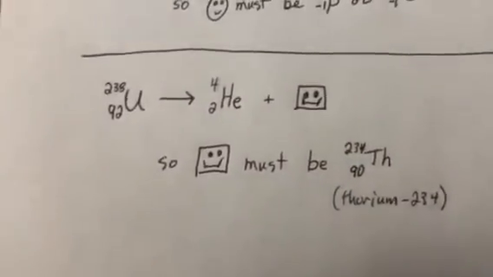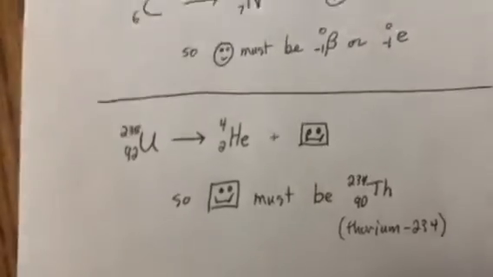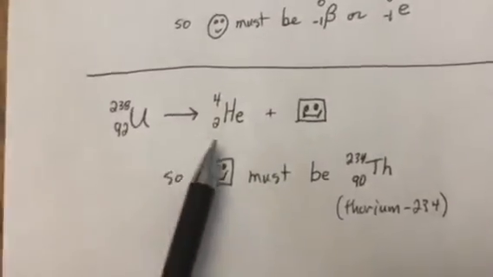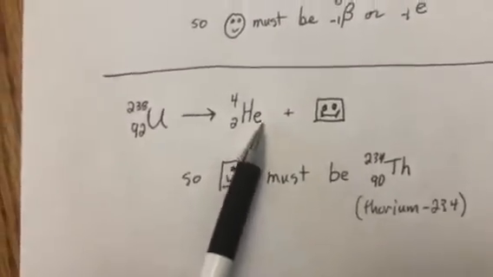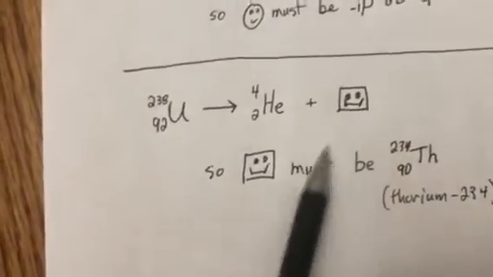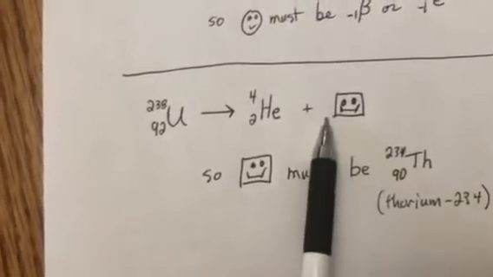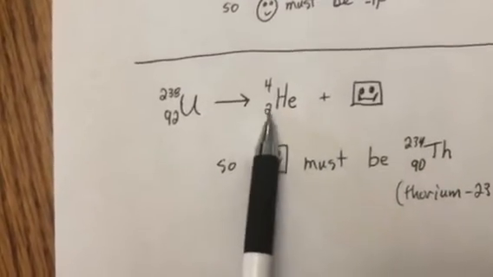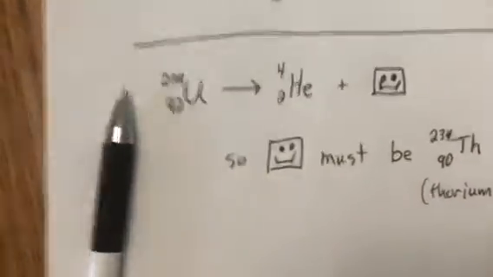Here's another one. Uranium 238 spits out a beta particle. Helium, right? Helium's a beta particle. Okay, so anyway, it makes something else. Well, what is it? Whatever this number is, when you add 2 to it, it's got to be 92.